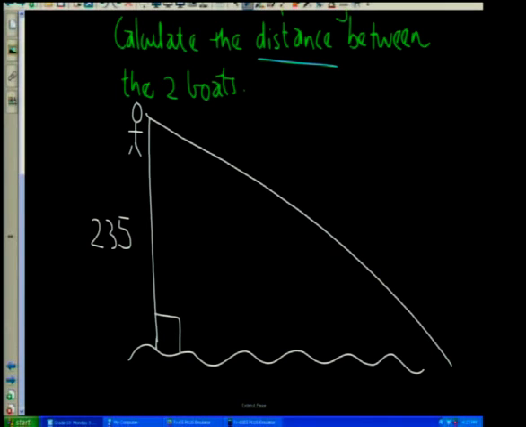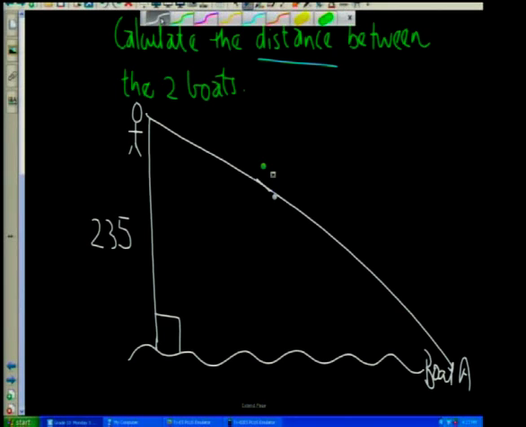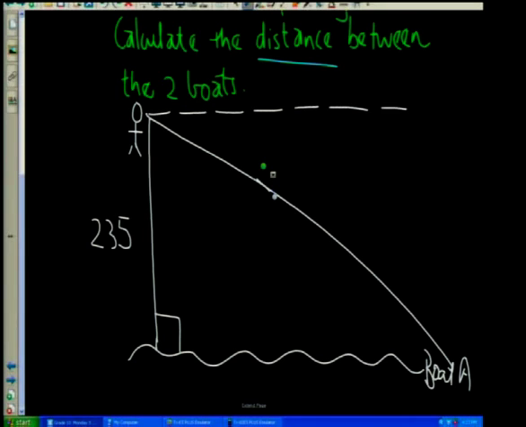Okay, so here's boat A. When he looks down, and this is our line of sight, it means that he's looking down measured from a horizontal that's coming parallel to that bottom.